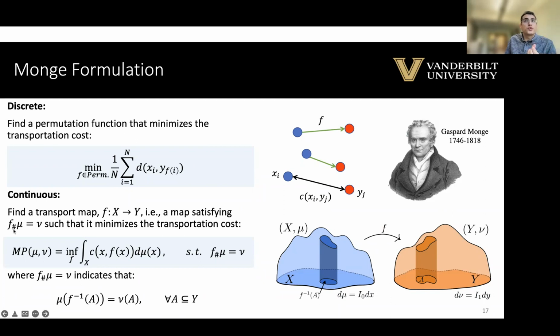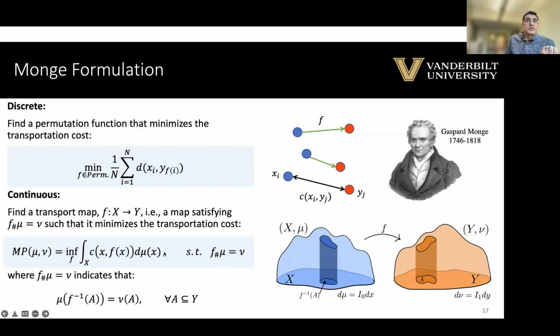F push forward of measure mu should be equal to measure nu. Okay. And we would like to find such Fs, such transportation maps that minimize the transportation cost, the expected transportation cost. So, and that's the Monge problem can be formulated as minimizing the expected cost of moving mass from X to Fx.